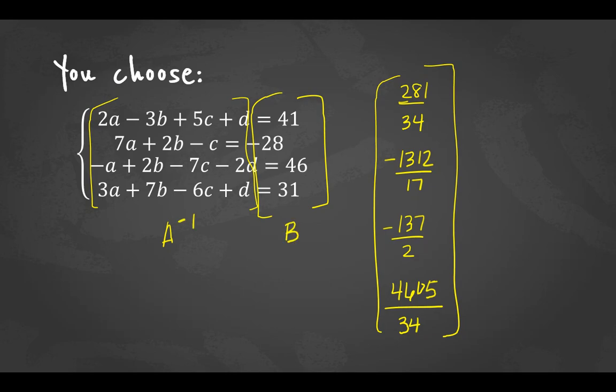Yep, and then you take the inverse of A times B. So then the first one is A, second one is B, etc. Okay, are we feeling good? A, about Cramer's rule. B, about solving with inverses.